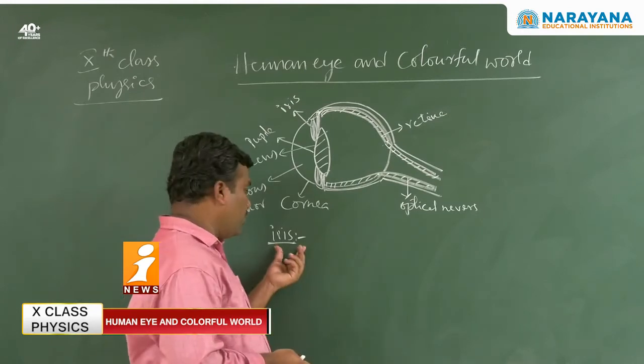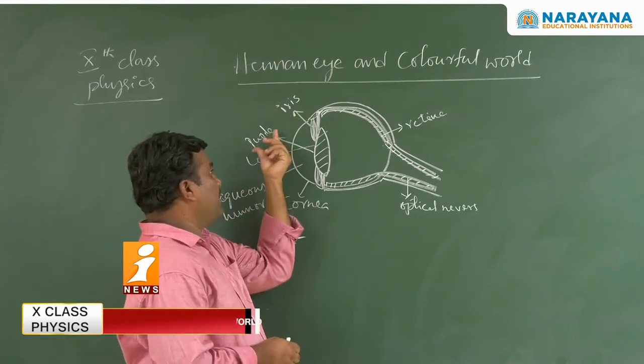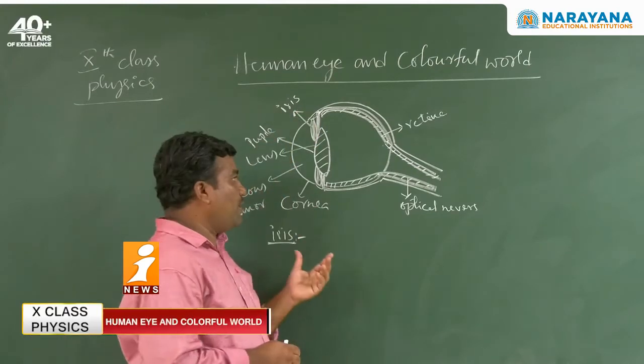These are the main functions of the iris and pupil.